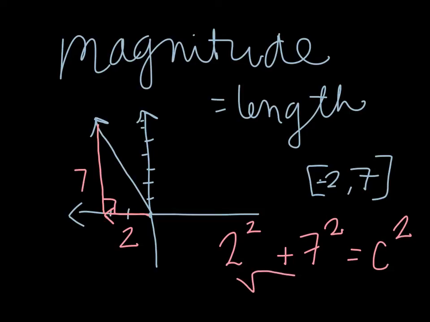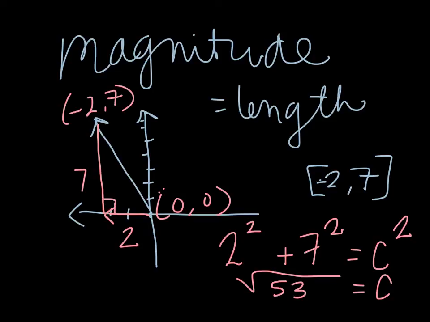So I get the square root of 53 equals c. And that's just basic Pythagorean theorem. You can also use distance formula from the point 0, 0 to the point -2, 7, and that would give you the magnitude or the length of the vector.